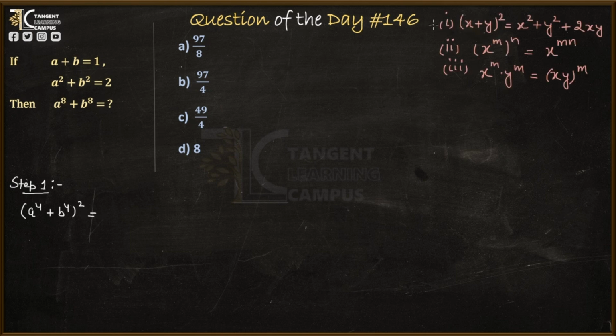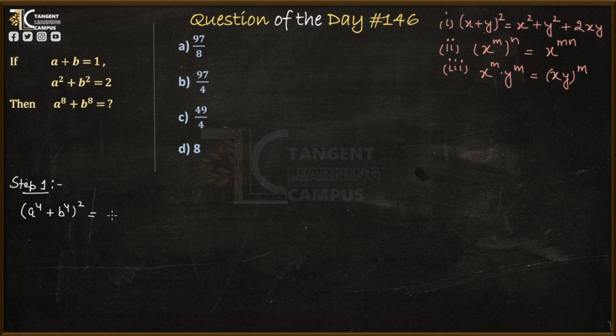The first formula is x plus y whole square is equal to x square plus y square plus 2xy. The second one, the power rule: x to the power m raised to the power n is x to the power mn. And the third one: x to the power m times y to the power m is (xy) to the power m.